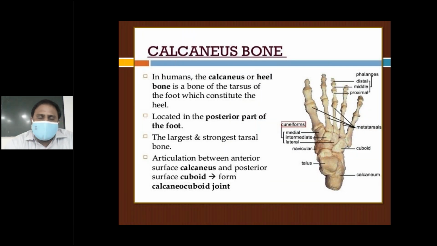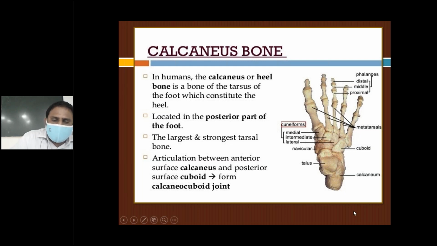Now we discuss the calcaneus bone. The calcaneus, or heel bone, is a tarsal bone of the foot which constitutes the heel, located in the posterior part of the foot. It is the largest, strongest tarsal bone.